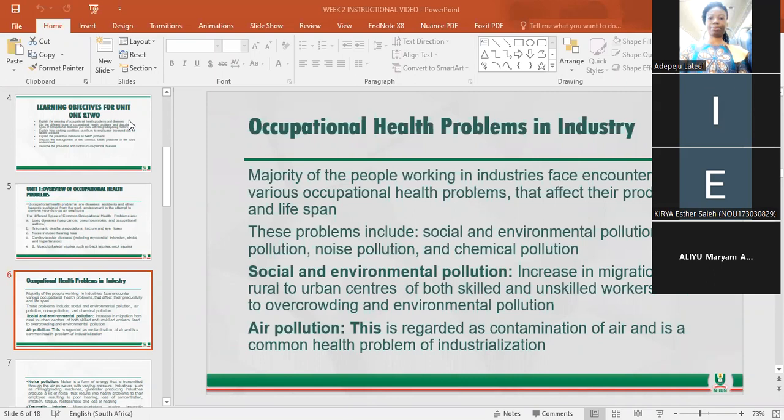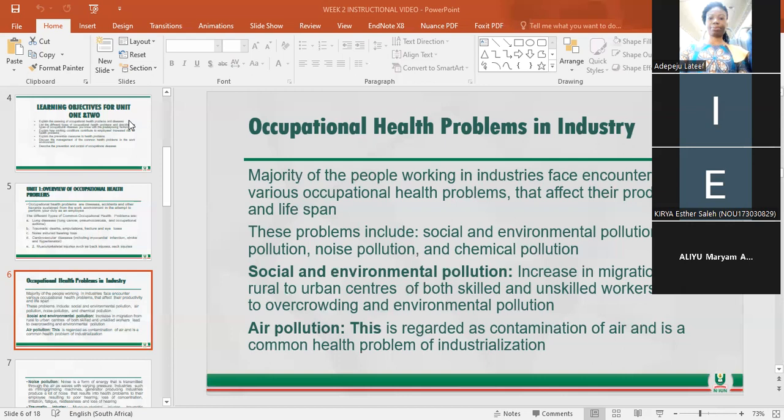It simply means that there is a high concentration of population in the urban centers. That is, many are migrating. When a lot of people migrate to the urban area, it becomes congested, and there are a lot of people living in an urban area, making it a social or environmental pollution due to overcrowding.